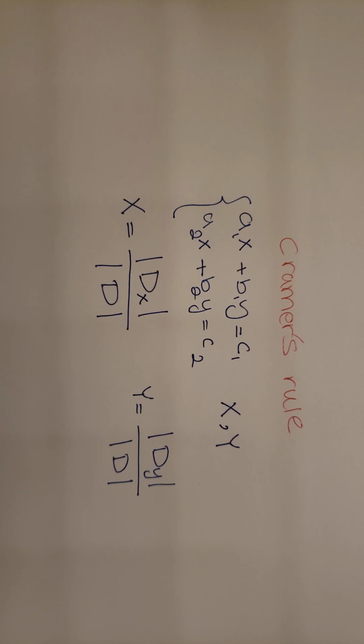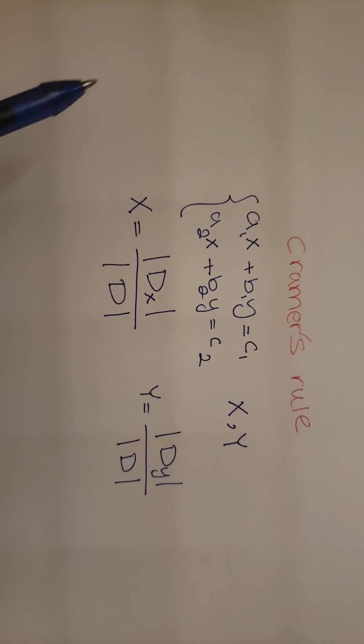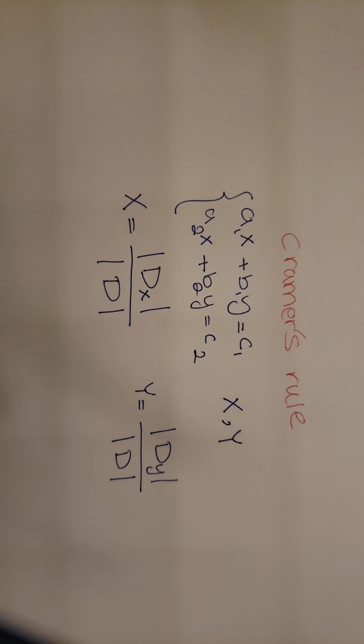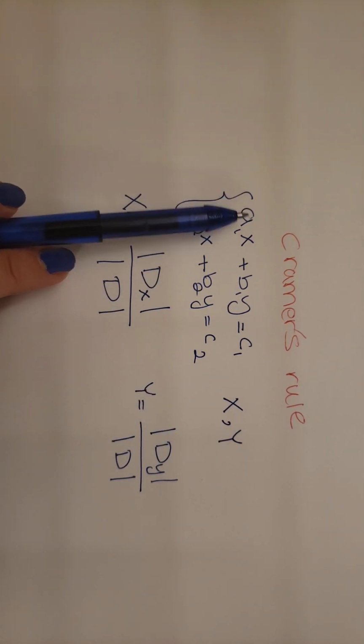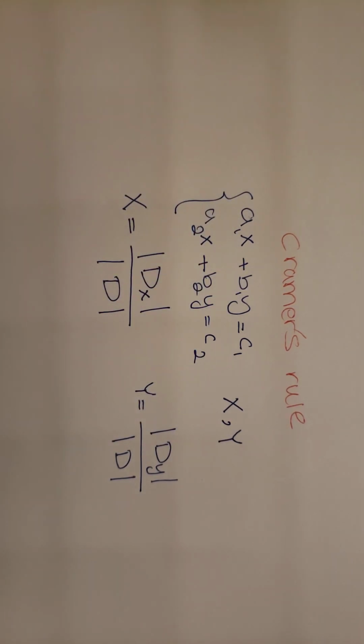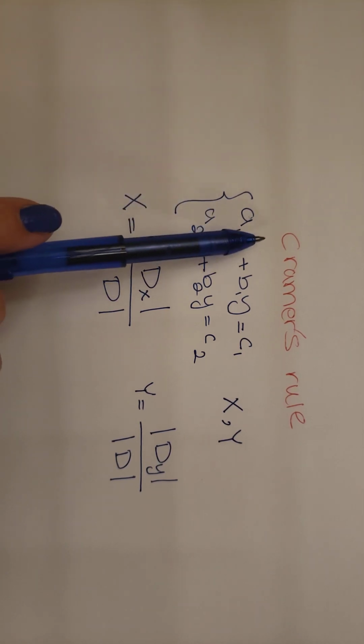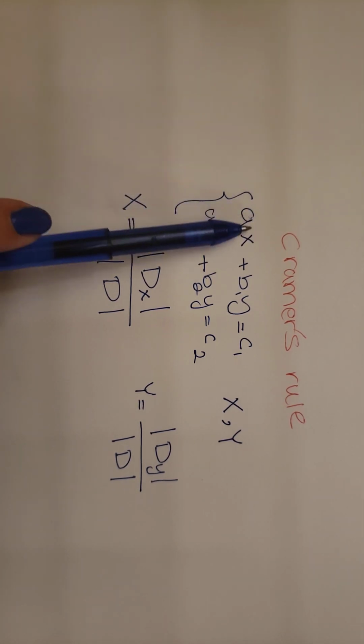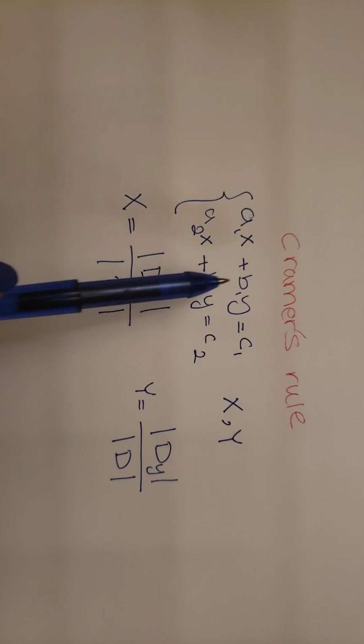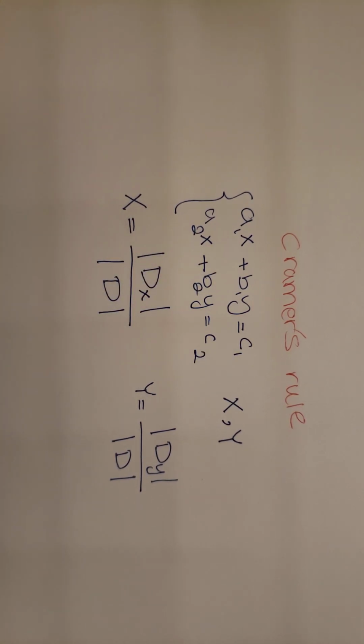Let me show you first how to calculate d, then I'll show you how to calculate dx and dy. In order to find d, first of all, make sure your equations are nicely aligned. What I mean is that the x's are aligned underneath one another, the y's the same, and the constants.